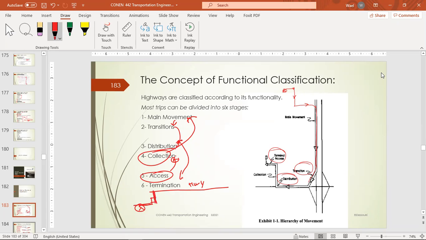Then you go to a collector road in your neighborhood, that's the collection. So here we have number 5, here we have number 4 access, here we have number 1. And most of the trip goes on this highway. Then we go to a transition from the highway to another distributor.